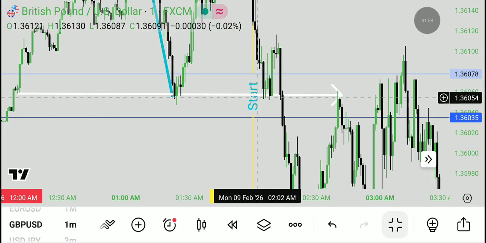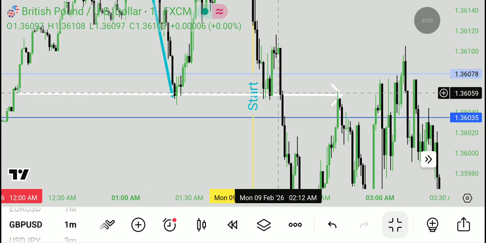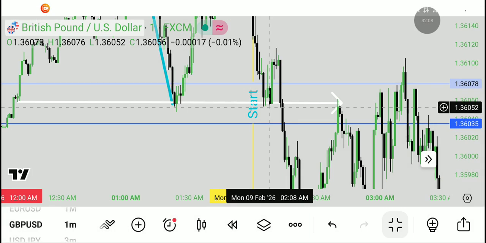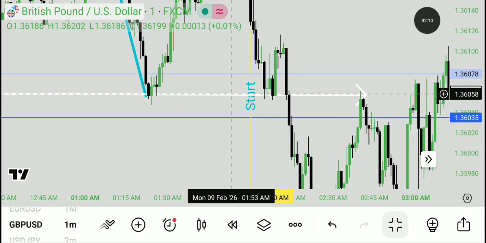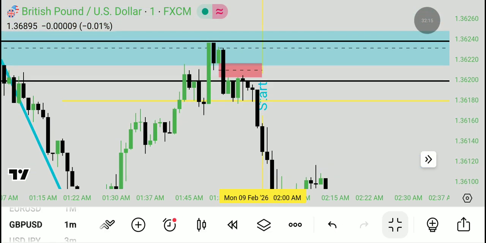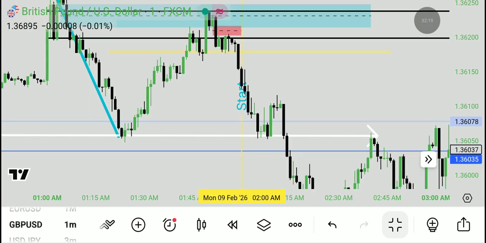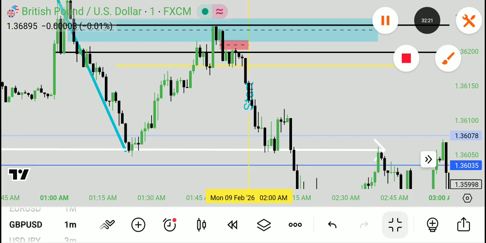You can see 1, 2, 3. From there till the midnight opening candle. Hope you are understanding what I'm saying.